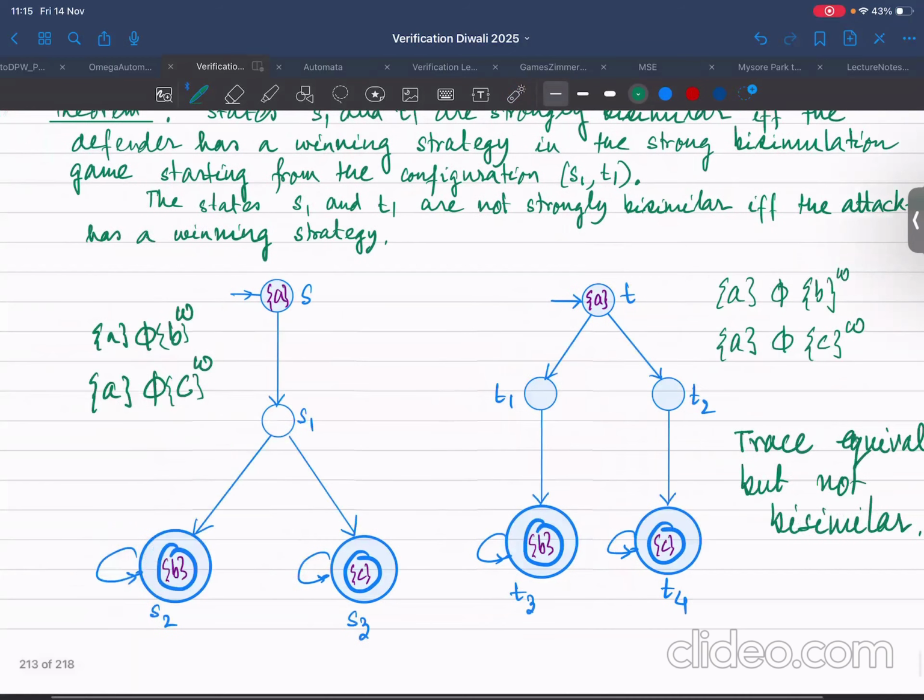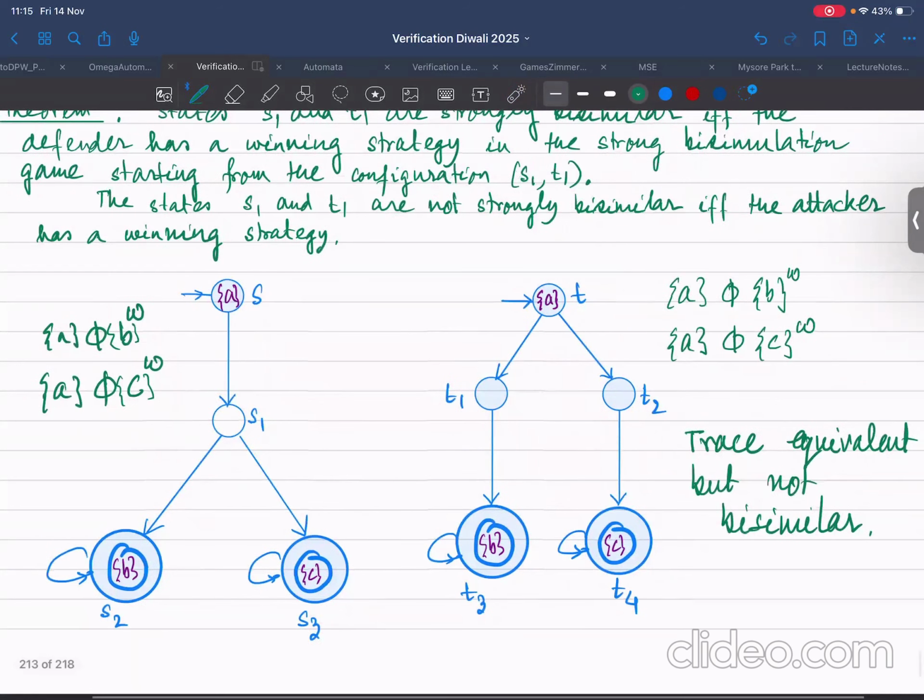Clear? So what you should try to figure out yourself is whether you can find examples of Kripke structures where the challenger or the attacker would indeed need to switch side in the middle of the game. Somewhere down the line, the challenger would in fact need to switch side in order to win.